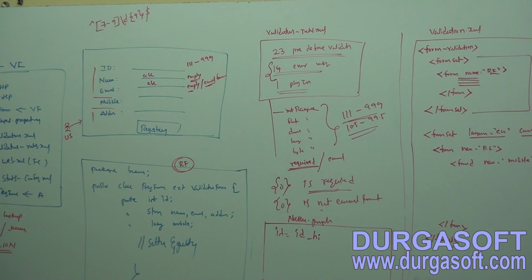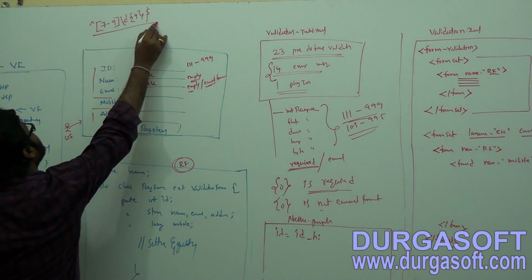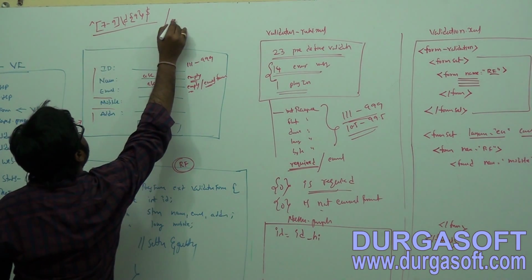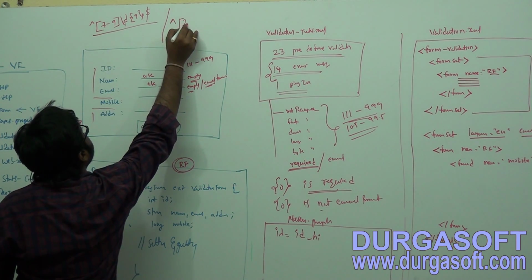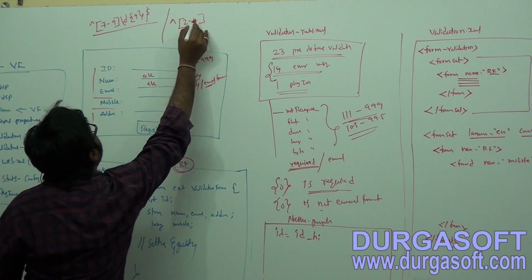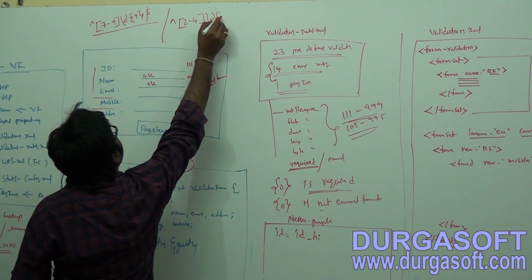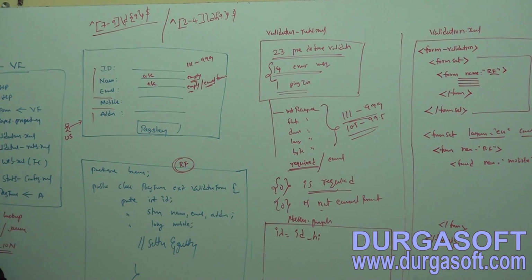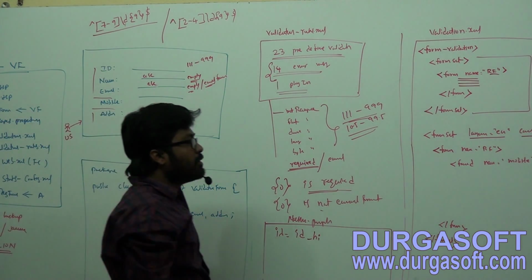Remaining 9 should be digits and those are mandatory. First digit can be 7 or 8 or 9. If he is a US user, you can apply this. US user numbers can start with 2 or 3 or 4. The remaining 9 should be digits. So here you can apply those expressions.